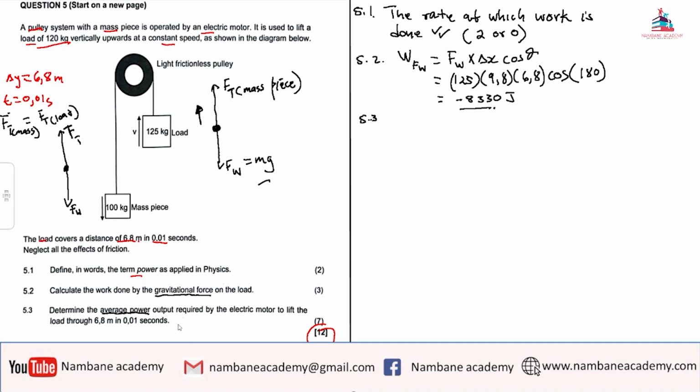So the average power needs us to get P, which is equal to W over change in T. So it means I will need to calculate the work that is done by the electric motor. So it means I must say work net is equal to change in EK.